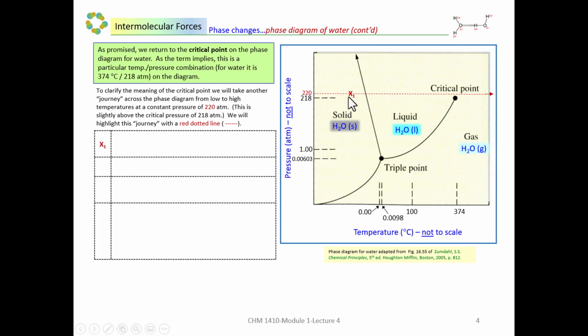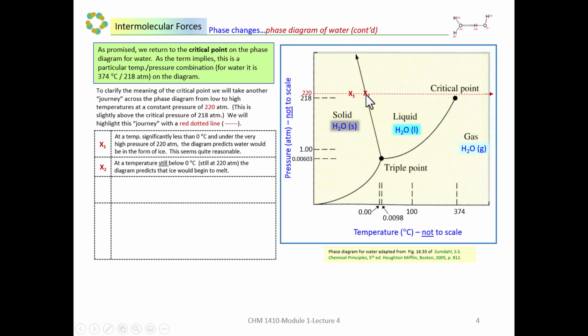So let's look at point x1 in the diagram. And this would be a temperature that's significantly less than 0 degrees. Here's 0 degrees, so we're significantly less than 0, under a pretty high pressure, and the diagram predicts that water would exist as ice. Well, we'd have no reason to argue with that. That seems perfectly reasonable. How about at point x2? Well, here, interestingly enough, we're crossing the solid liquid line.